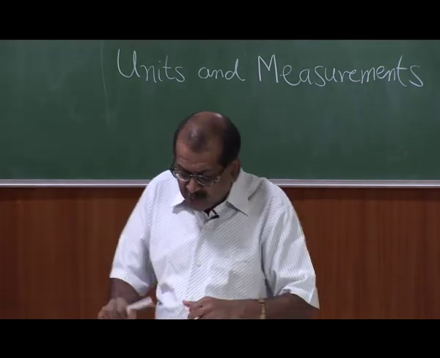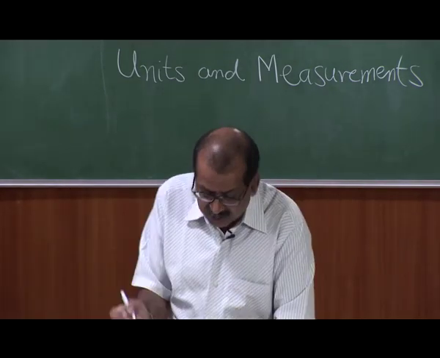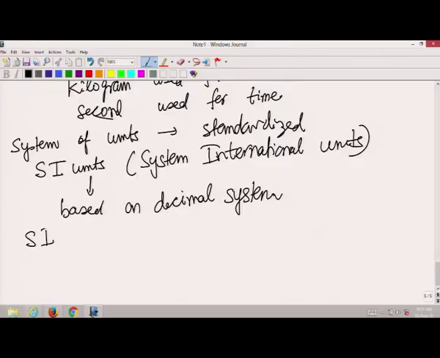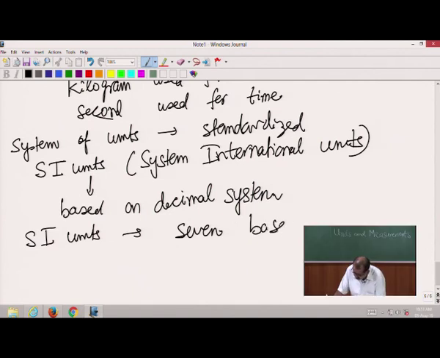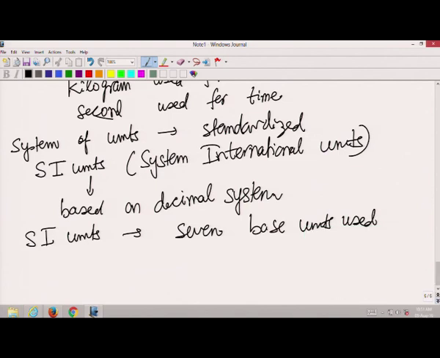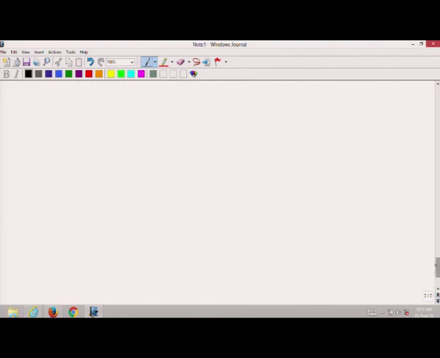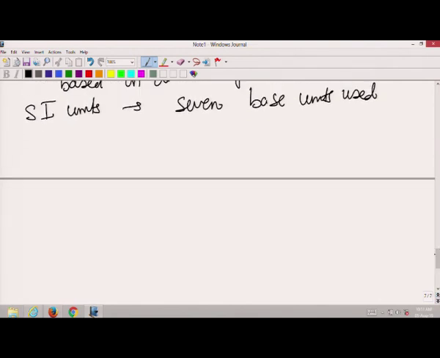Now, in SI units there are seven base units which are used. In addition to length, mass and time, there are other base units, and let us list them one by one. So, the 7 units which are used in the SI system, first let us look at the quantity for length.